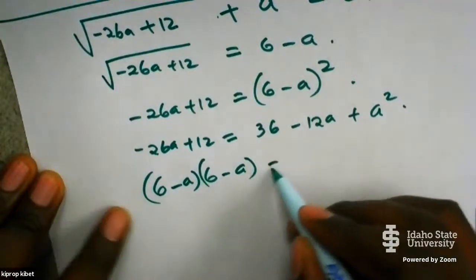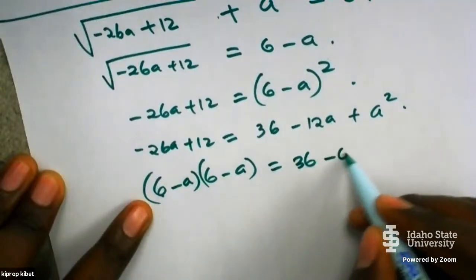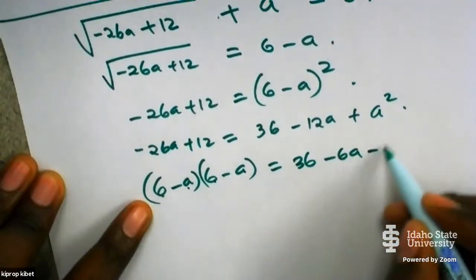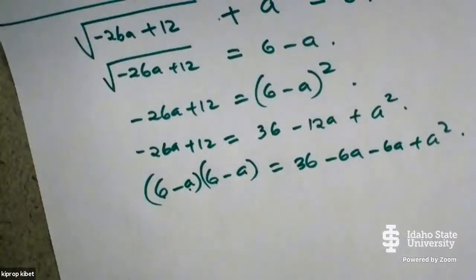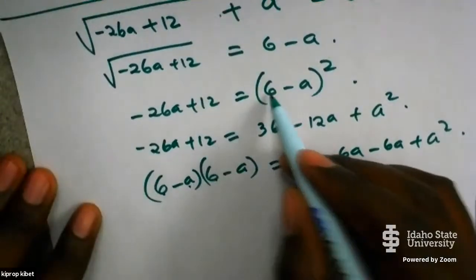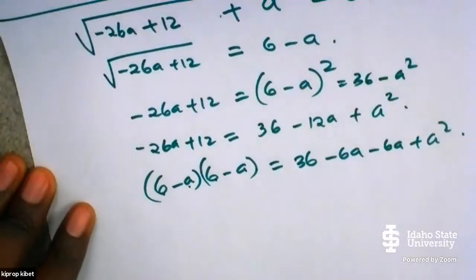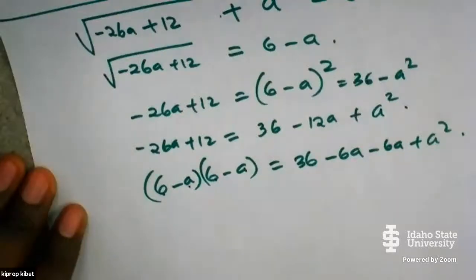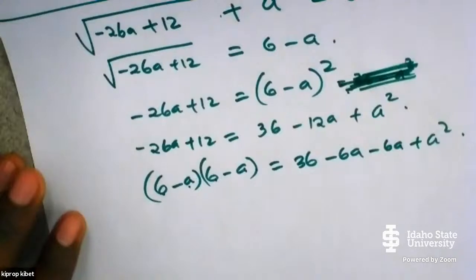This and this is 36. This and this is minus 6a. This and this is minus 6a. This and this is plus a squared. You could have done something like 36 minus a squared, but that is very wrong.